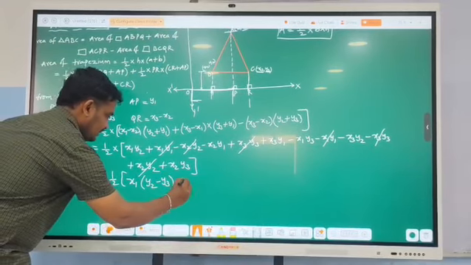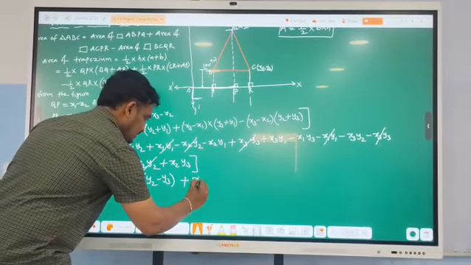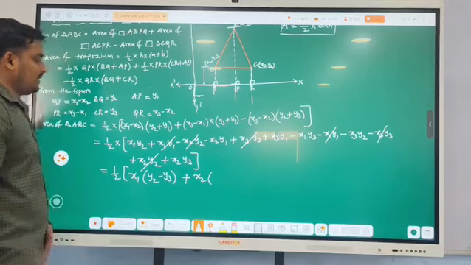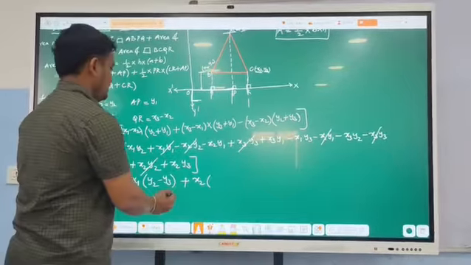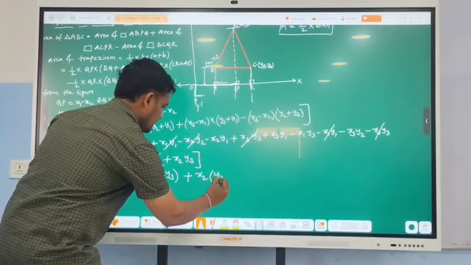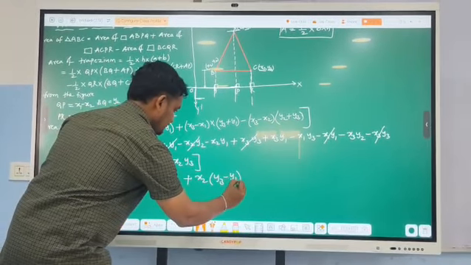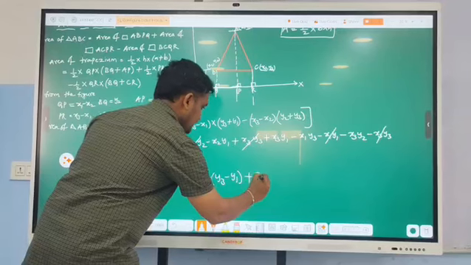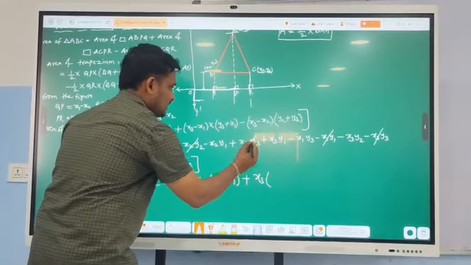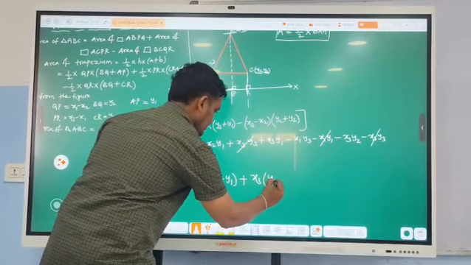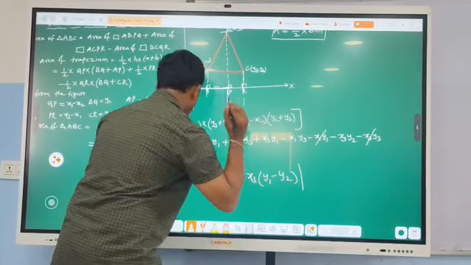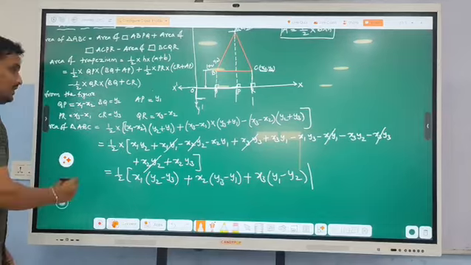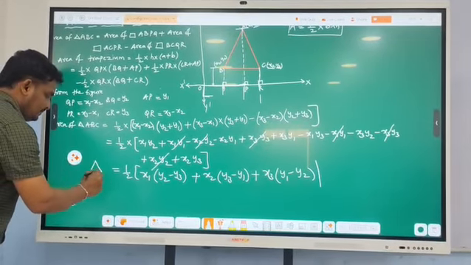The same way, plus I am taking x2 as a common factor, and I get y3 minus y1. The same way, if I take x3 as common, I have y1 minus y2. This is the formula for the area of a triangle.